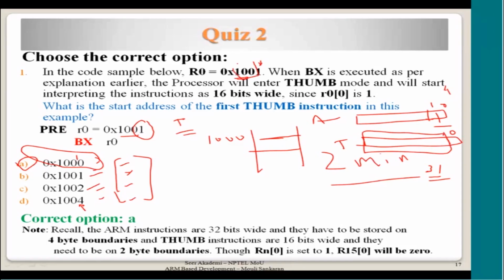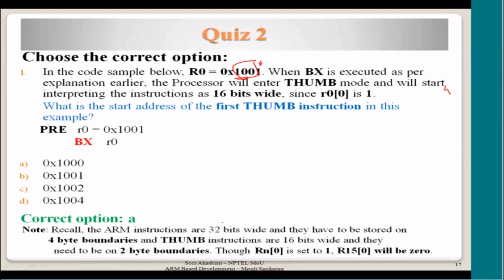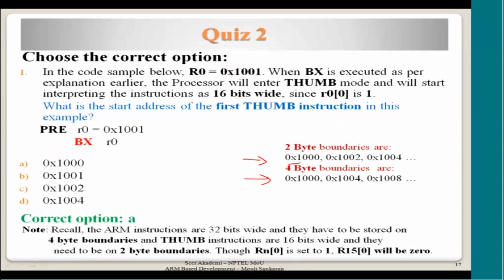So PC will move to 1000. I hope you are able to understand this. These are the 2-byte boundary addresses and these are the 4-byte boundary addresses. So if it has to jump to 1000, it has to be this address, not any of the others. Good, let us go.